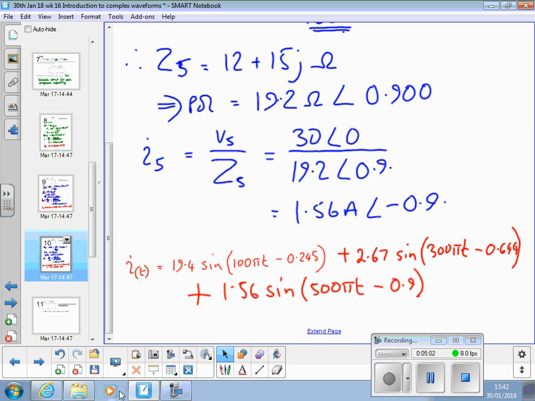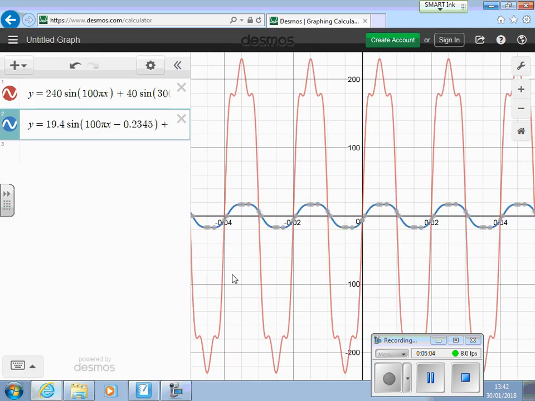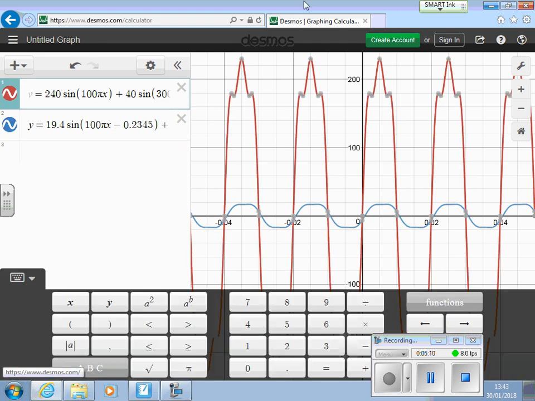And if I go back to my old friend Desmos and graph, so that's the sine wave with just the third harmonic added. So that's with all three added on.